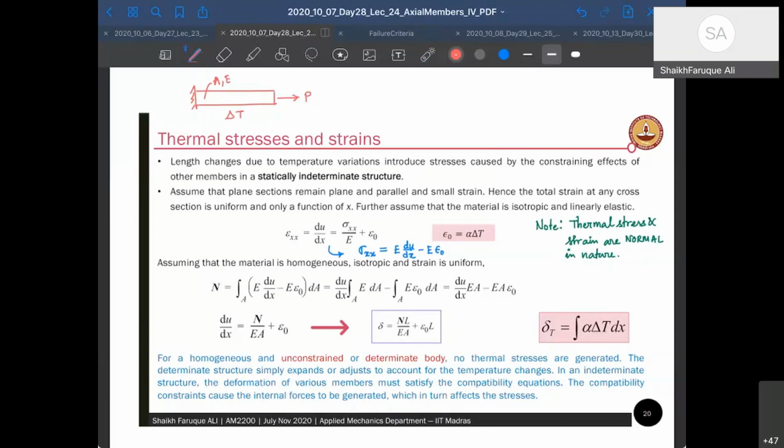So what would be its stress at any point that you take? Can anybody tell me? Sir, at any point, we just have to see what is the displacement there.